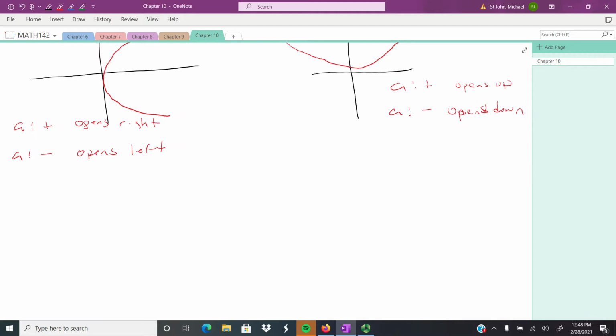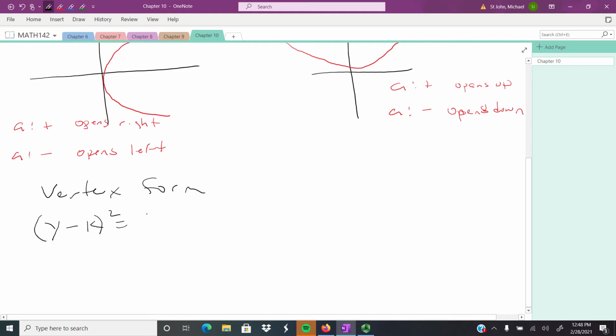And then in terms of the more general form, you get to the vertex form, which can either be (y minus k) squared equals 4a(x minus h), or (x minus h) squared equals 4a(y minus k).